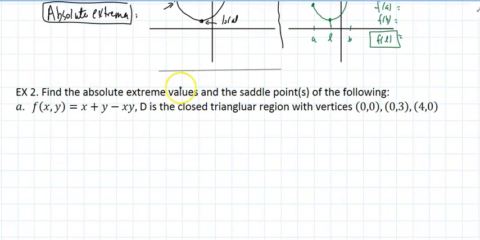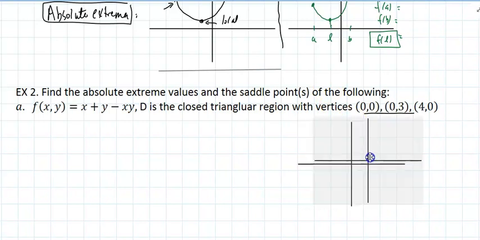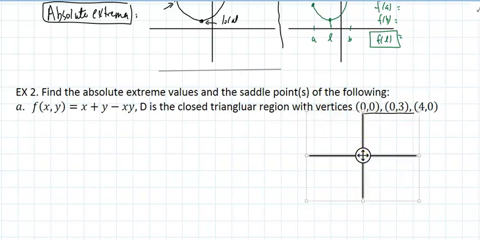So, find the absolute extrema values and the saddle points of the following, if there are any. There's an equation. D is closed over a region. Now, I need that region. I need to look at that region. This is what you're looking at on the floor.